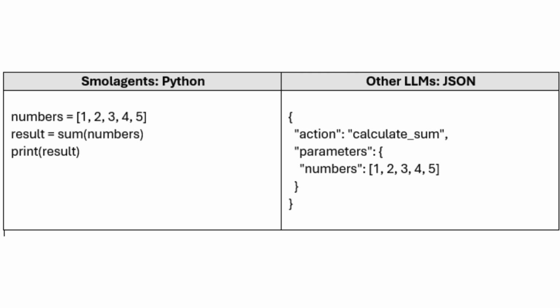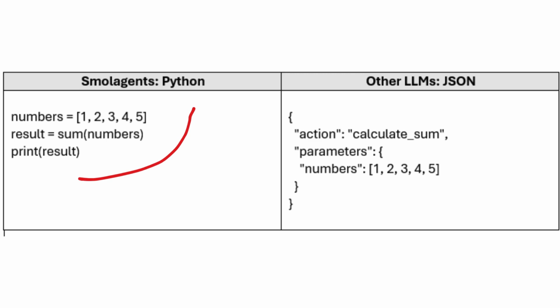And that request is parsed and then executed by a separate process. Smolagents eliminates this extra step by allowing the LLM to directly write and execute Python code. This means that instead of formatting its actions in JSON, the agent simply generates runnable code that can be executed instantly. Let's look at an example. Say we have an agent that needs to calculate the sum of a list of numbers.